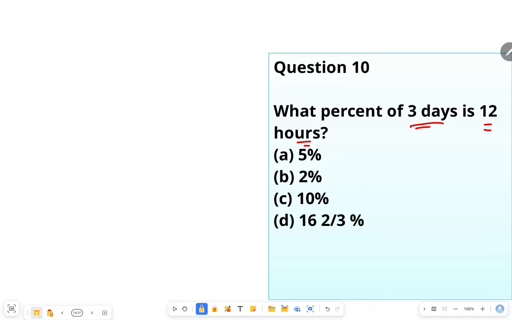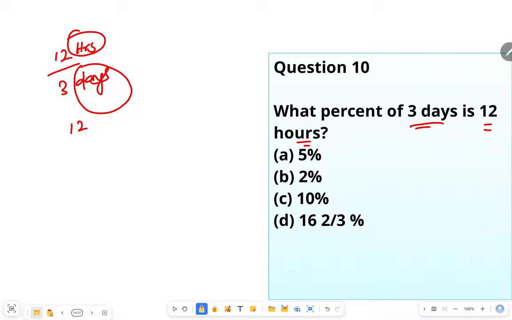What percent of 3 days is 12 hours? So in this question, 12 hours and 3 days you have. Again, we have noticed here that we don't have the same unit.